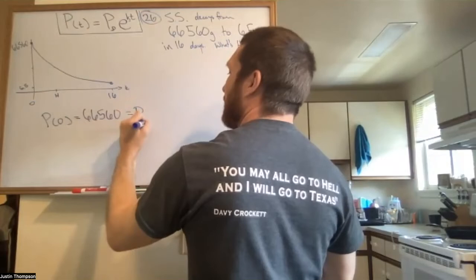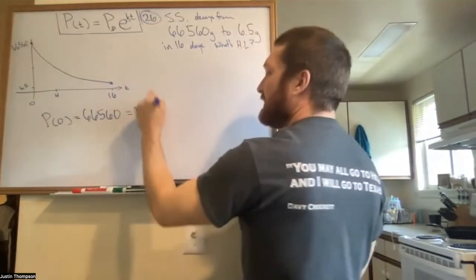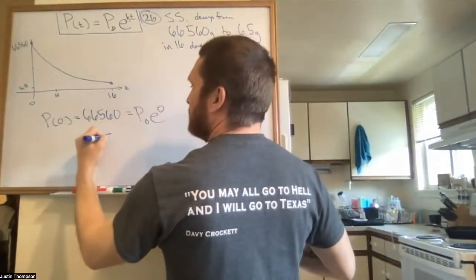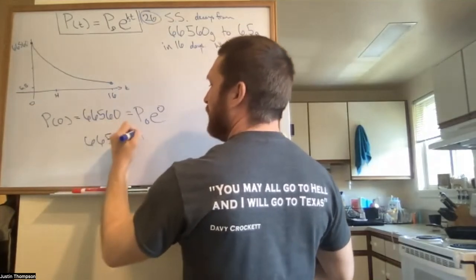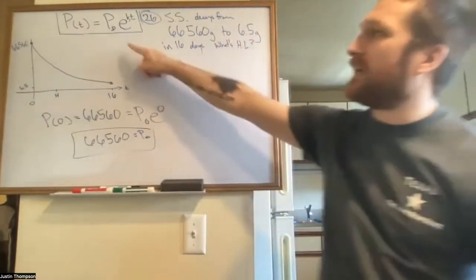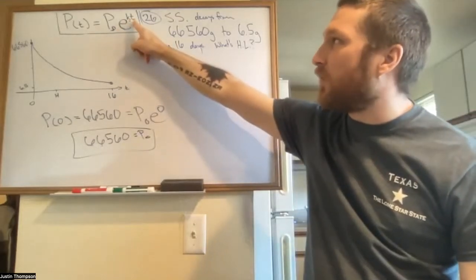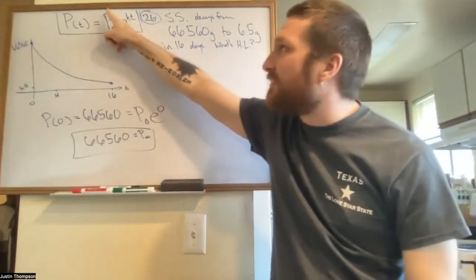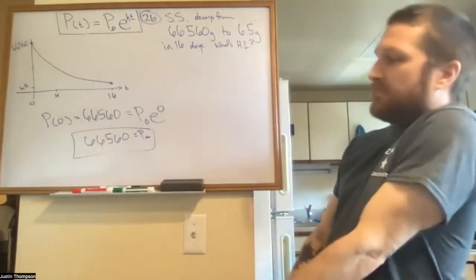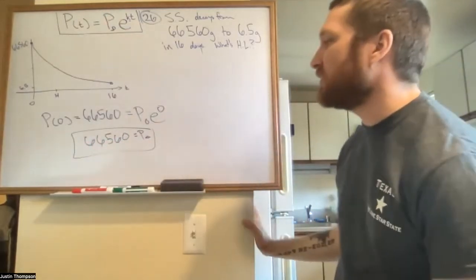But when I do that, I get e to the 0, which is just my initial value. This is why in the formula we call it P0, because when you plug in a 0 right here, that's the value you get. That's the output, the initial population. Okay, so we have that.